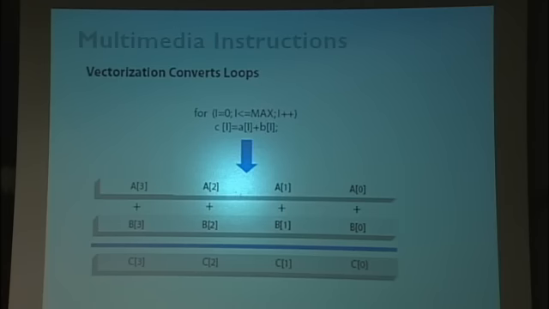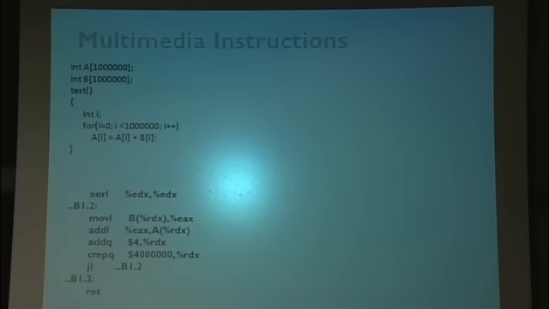And if you remember my first lecture, we showed this matrix multiply. If you vectorize it, you get a lot fewer instructions executed. We got a nice speedup. In the top half I'm showing the C code for that loop, and in the bottom half the normal assembly that you will see without vectorization.